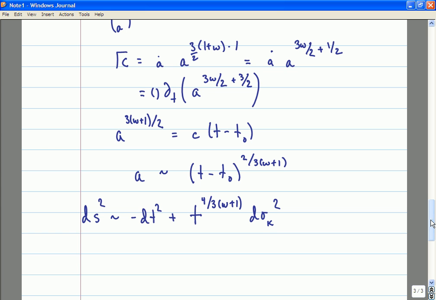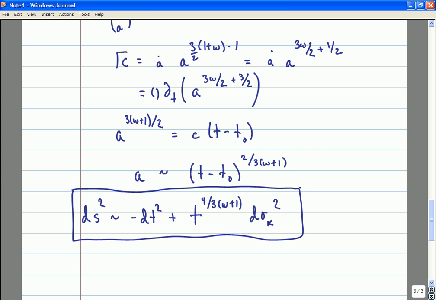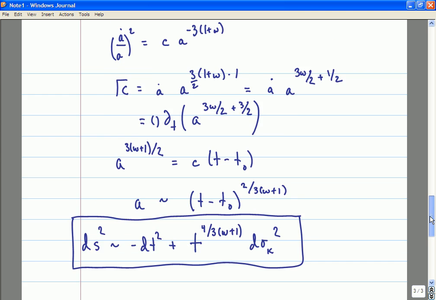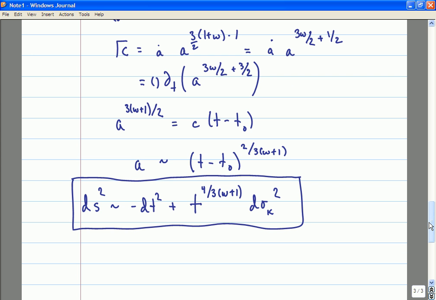So this is what the evolution of the universe will look like if we happen to be in an epoch where we can ignore, to a great degree of precision, all but one of the terms that will drive the expansion of the universe. So this metric has a name. It's a rather boring name.